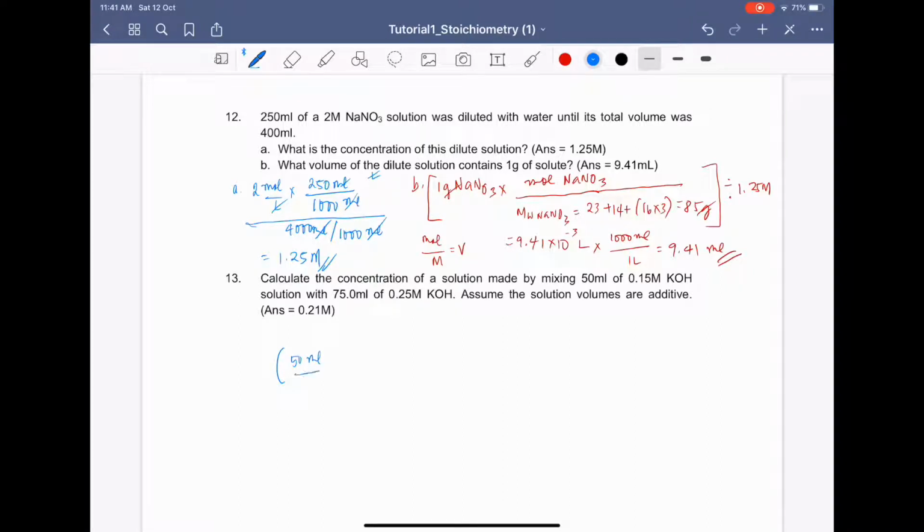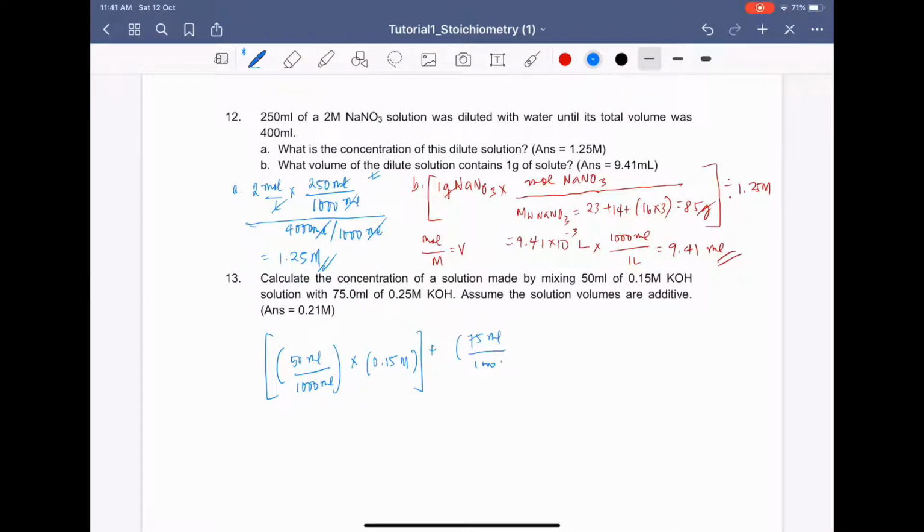Question 13. Calculate the concentration of a solution made by mixing 50 ml of 0.15 molar potassium hydroxide solution with 75 ml of 0.25 molar potassium hydroxide. Assume the solution volumes are additive.